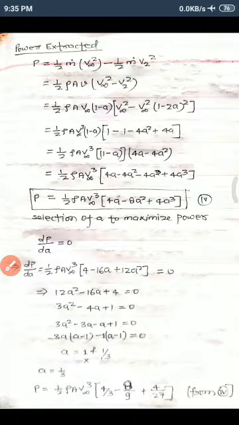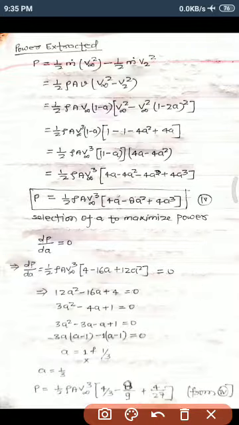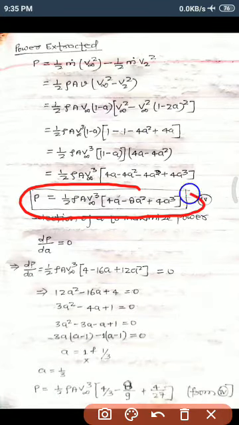Then we will find the total power in terms of A as this equation: half rho into A V infinite cube into (4A minus 8A square plus 4A cube), because we have to calculate maximum power for an optimal value of A.